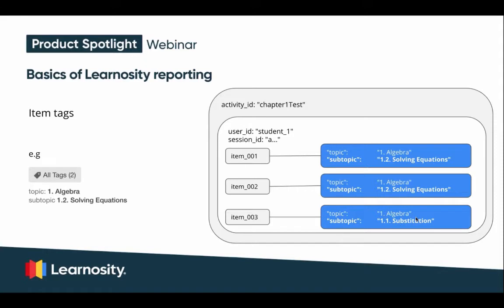This test hopefully will help this student understand these different topics and also help their teacher understand how they're progressing through this content. If you do apply tags to your items through Learnosity's authoring tools, you might see an icon a bit like this. This is how we show them in the authoring UI. So you can apply your topics and subtopic tags through our authoring tools, and you'll see iconography like that.